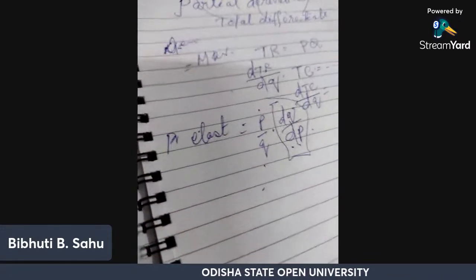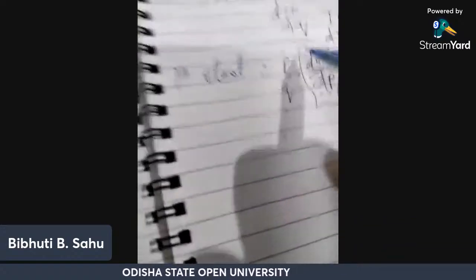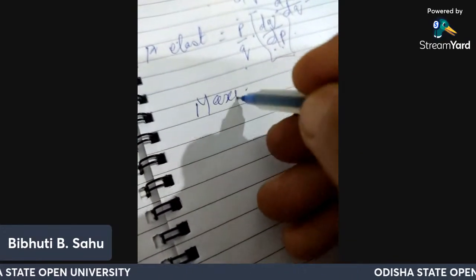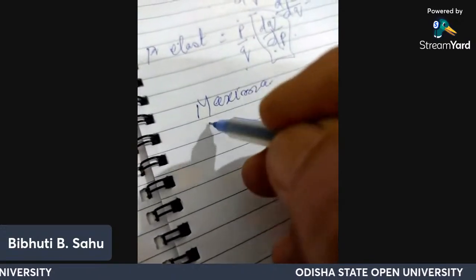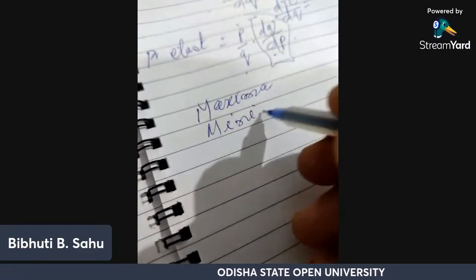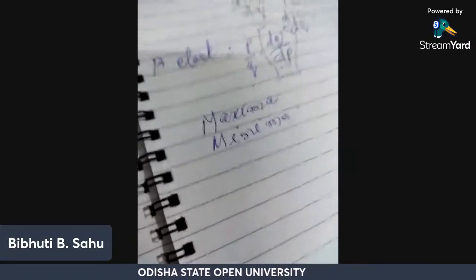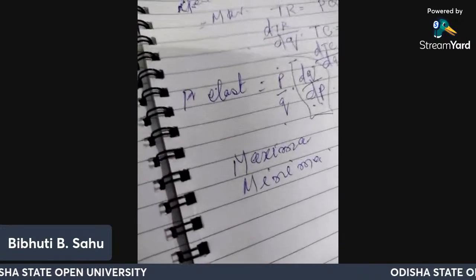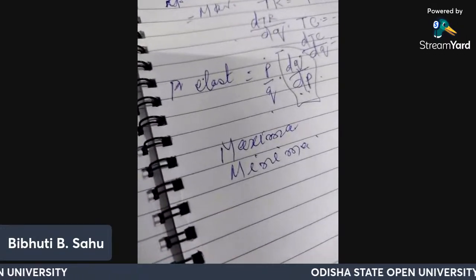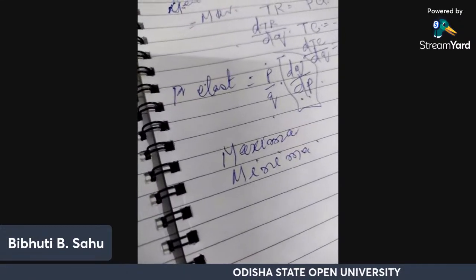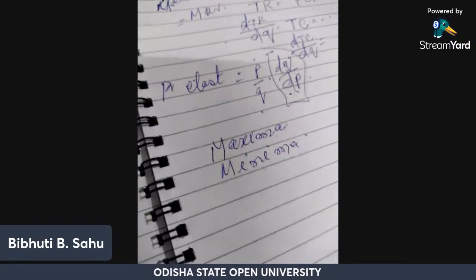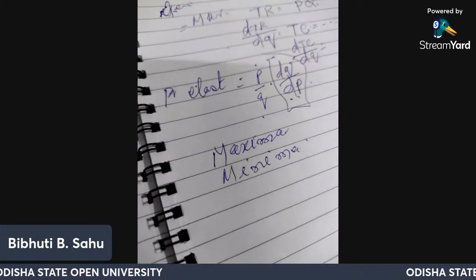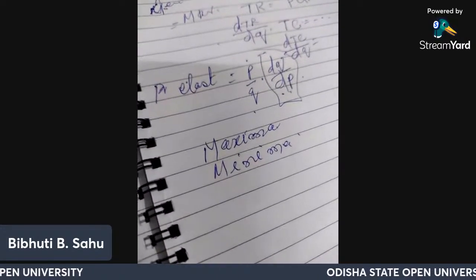And one more important thing: by using these derivatives, we can find out the maxima and minima, or maximization as well as minimization. From the different convexity or concavity, we can find out the maximum value and minimum value of the functions.